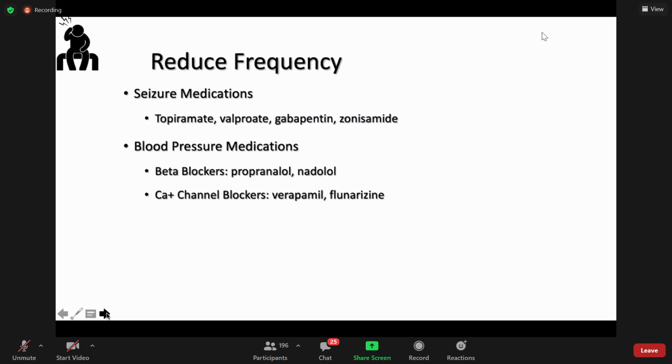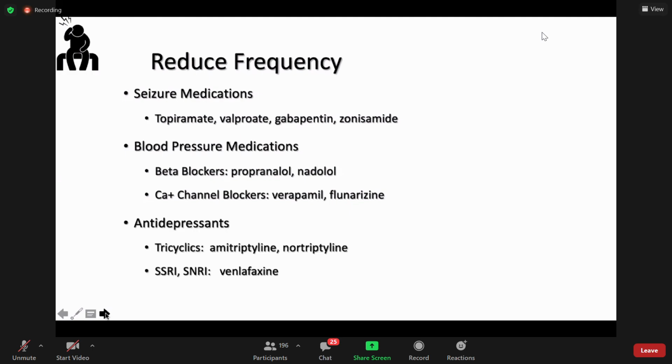However, flunarizine, it's not used for blood pressure, and it's not approved by the US FDA, but it is available in the European market, and it's a very good central calcium channel blocker for reducing frequency of migraine. And then finally, we have the antidepressants, either the old ones, the tricyclics, or the SSRI and SNRI, such as venlafaxine.